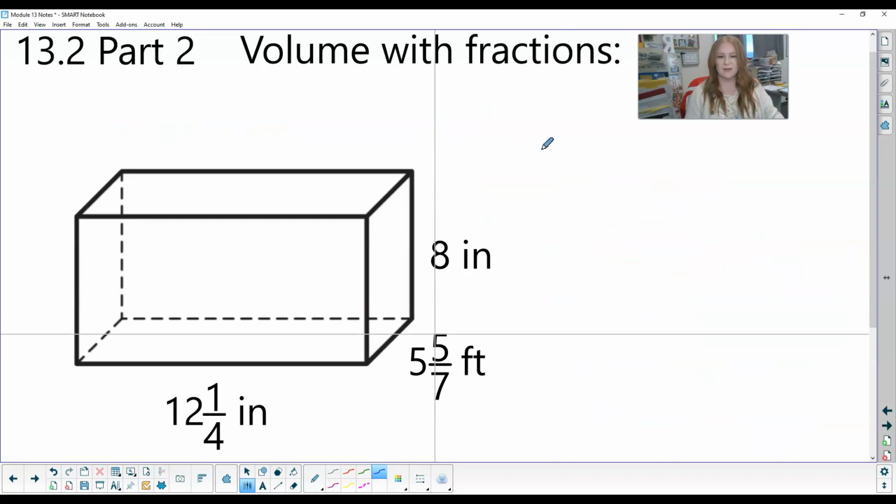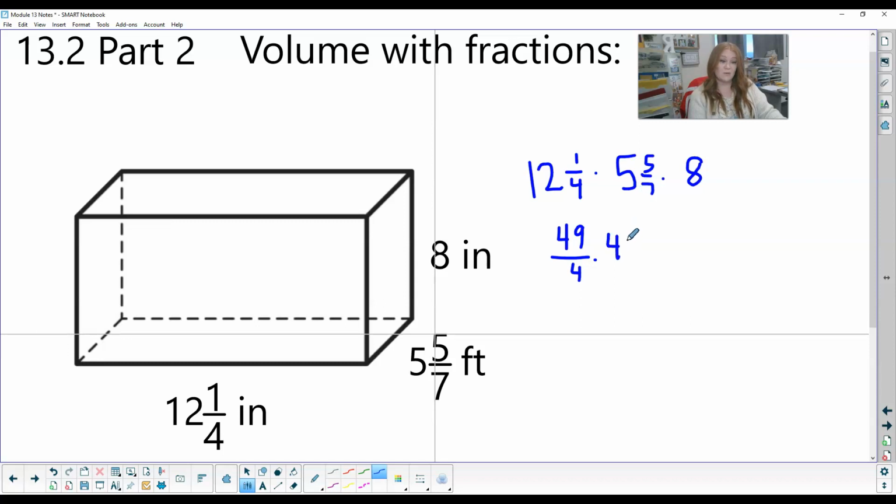Okay, so here we have 12 and 1/4 multiplied by 5 and 5/7 times 8. So 48 plus 1 is 49 over 4, times 35 plus 5 is 40 over 7, times 8 over 1.